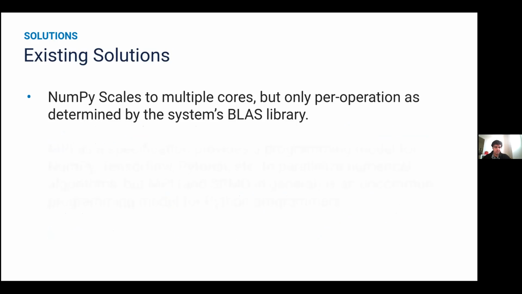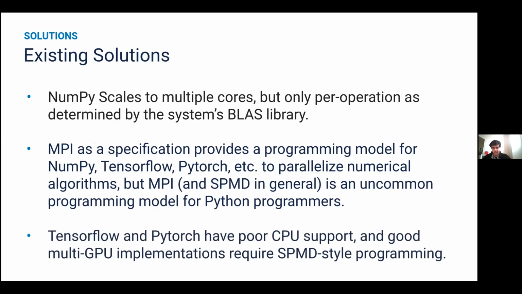I'll try to go through these quickly, but basically we have NumPy that scales vertically, and there are some limitations to its parallelism capabilities. We talked about MPI, and while MPI provides a solution for NumPy, TensorFlow, PyTorch, and these types of libraries to achieve parallelism, they require training on MPI or similar SPMD programming models in general.